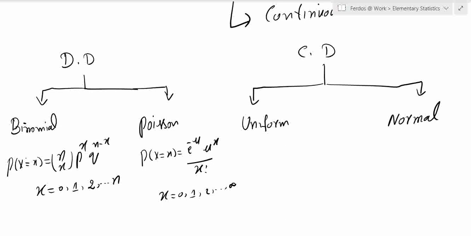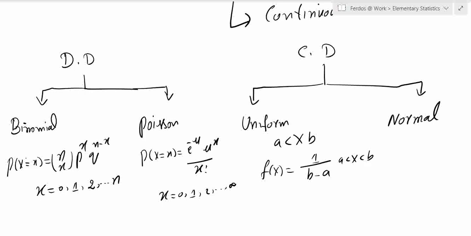Uniform distribution is a distribution where the density is uniform. Suppose a variable is uniform between limits a and b, then f(x) = 1 divided by (b minus a), where x lies between a and b.